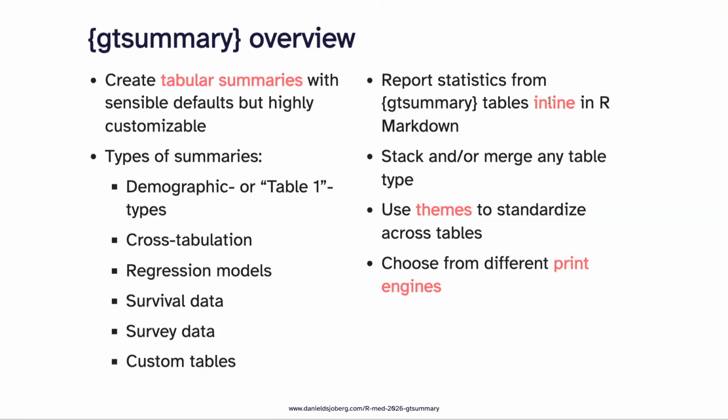So there's something called inline reporting. These gtsummary functions let you pull any number from the table and put it inline inside the open text of your R Markdown or Quarto reports. We're going to talk about how you can stack and merge any type of gtsummary table, and talk about themes later too. And of course, print engines, I think, is one of the best parts of the package.